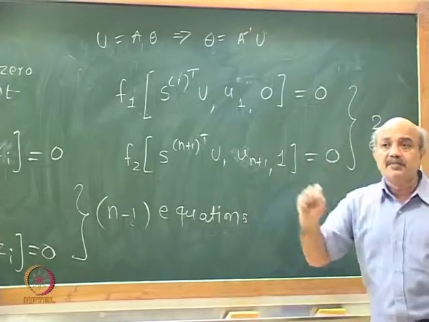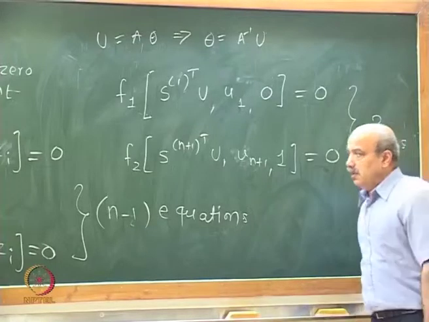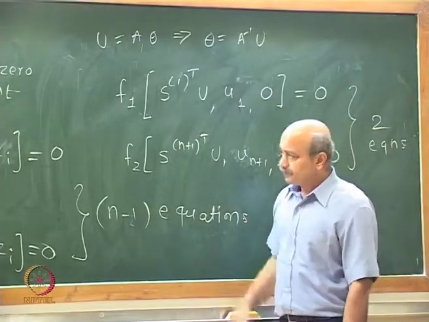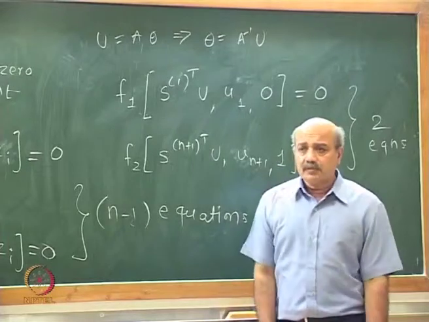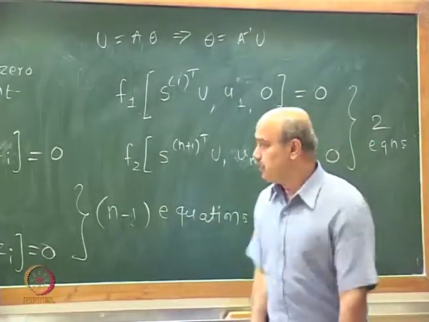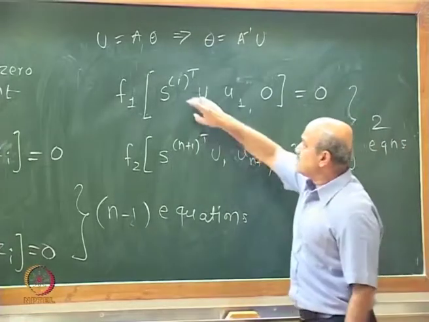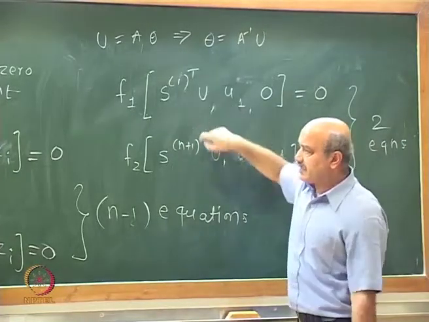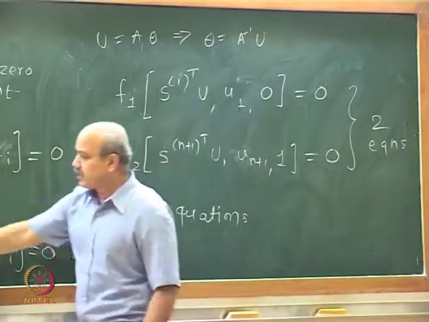Let's take a specific example, then it will be easier for you to understand. Before that, for the sake of convenience, I want to define 2 matrices S and T using these S vectors and T vectors.